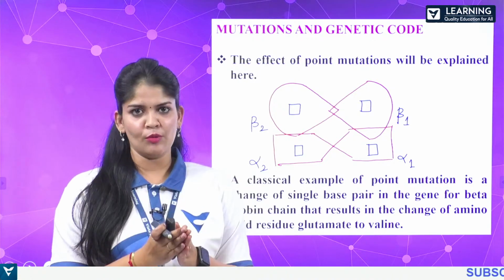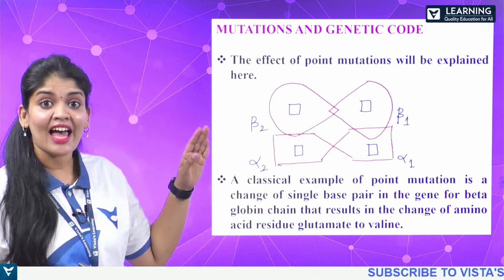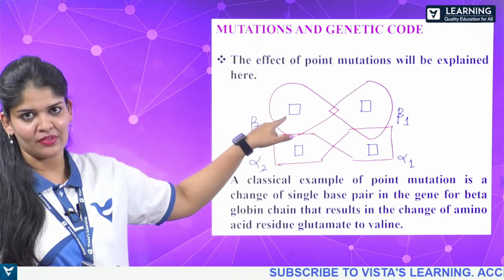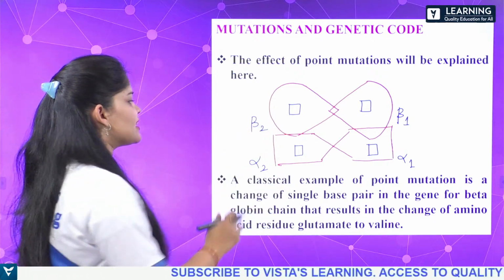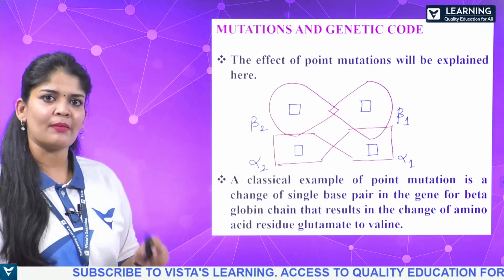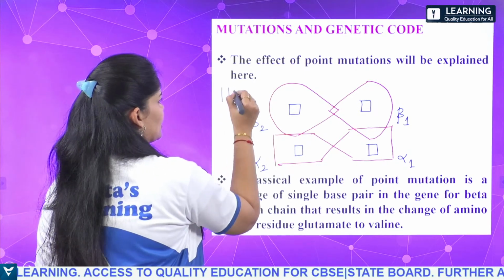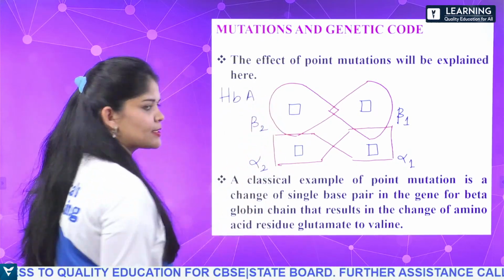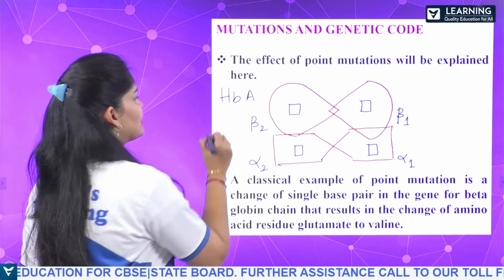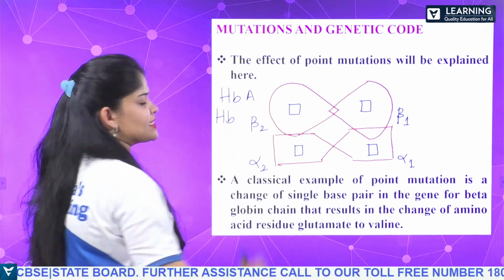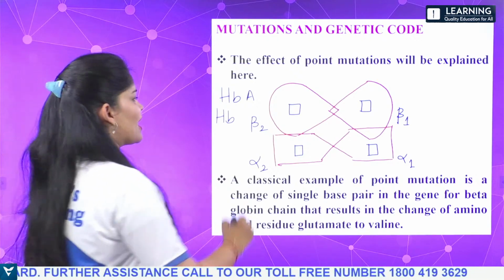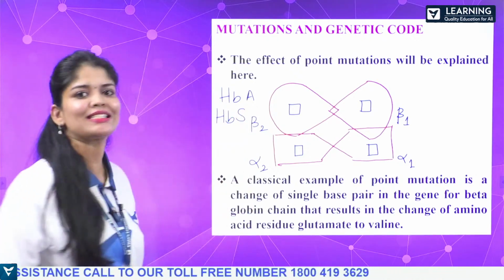In hemoglobin, the change happens at the beta chain, not at the alpha. So the alpha chain remains the same as in normal hemoglobin, which is represented by HbA, A for adult. And the hemoglobin in sickle cell anemia patients is represented by HbS, S for sickle.